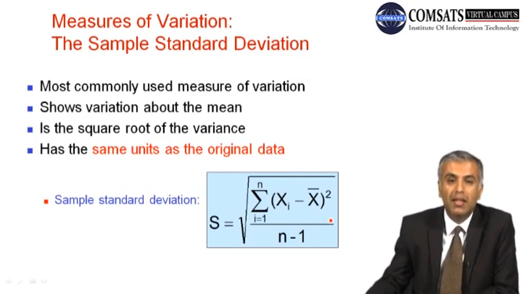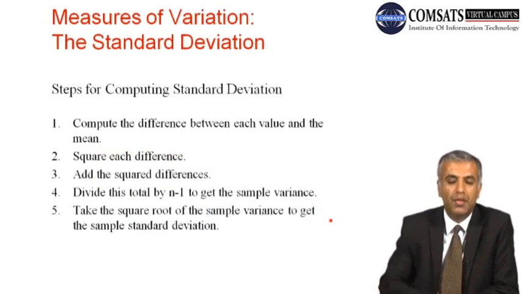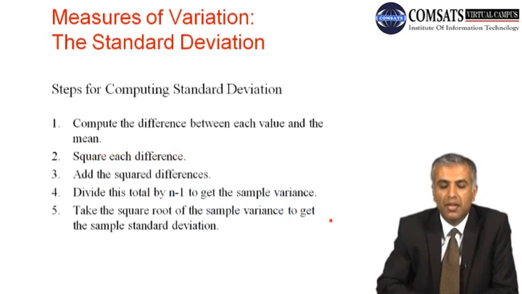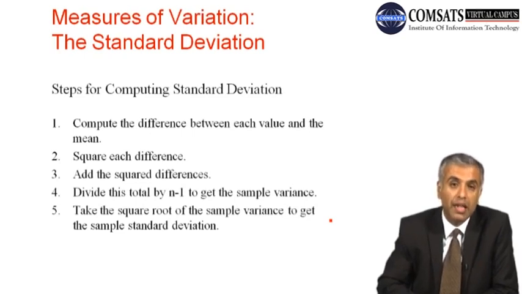If we want to explain this in steps, all we have to do is compute the difference between each value and the mean value. Then we square each difference and add them. If we divide this whole thing by n minus 1, we get the sample variance.